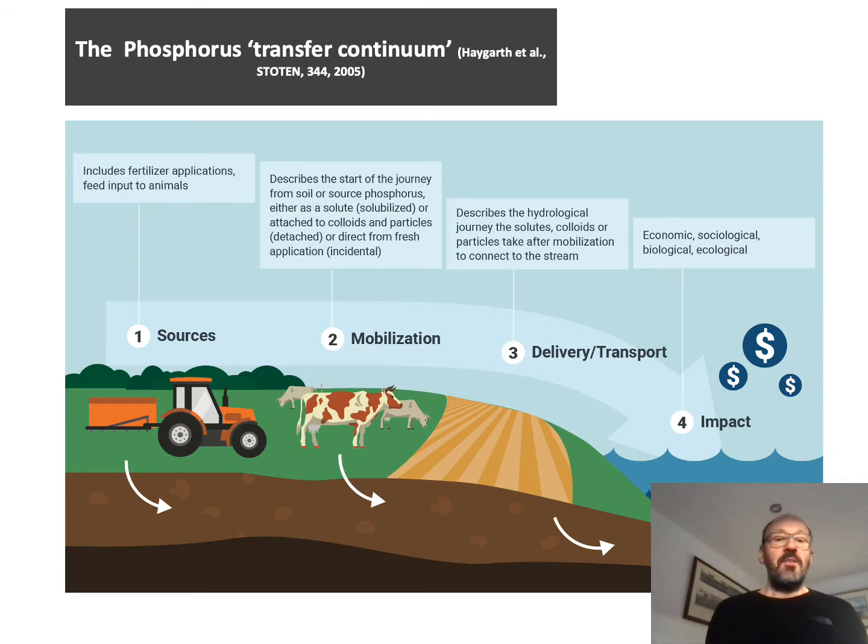A few years ago now, myself and a few colleagues came up with this concept called the phosphorus transfer continuum, which was a really simple but I hope useful conceptual model to help describe that linkage from land to water and how phosphorus transports itself from land to water. So it basically goes from, as you can see, sources, mobilisation, delivery or transport to impact.